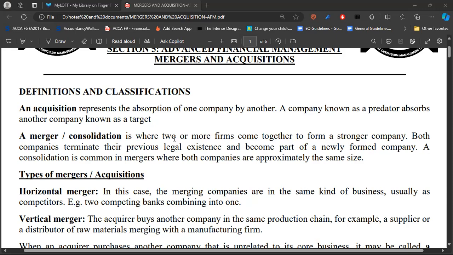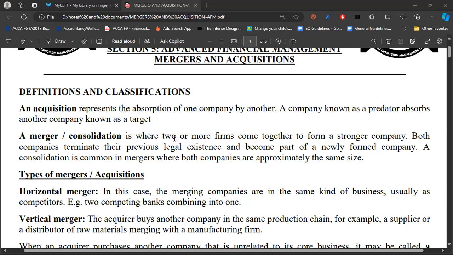These companies might be operating in the same line of business, in which case they might be competitors. Or they might not be operating in the same line of business, but they still want to merge.